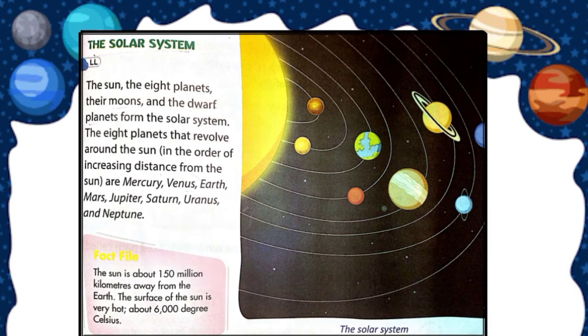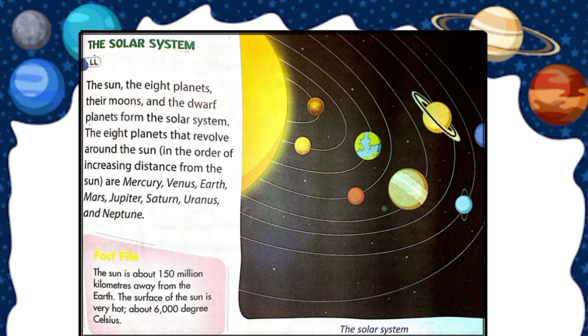Means we can say that the sun, the 8 planets, their moons and the dwarf planets form the solar system. And this solar system is a part of the Milky Way galaxy and this galaxy is a part of the universe.